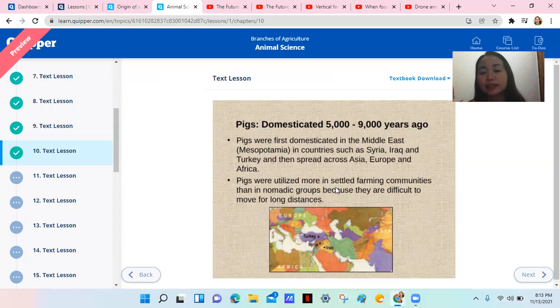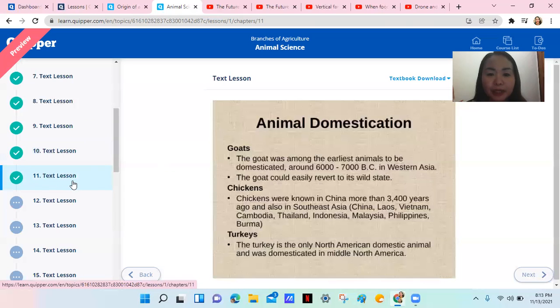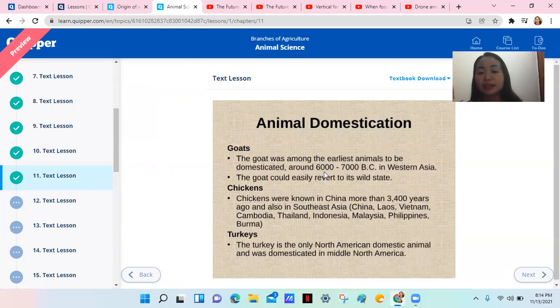So they were utilized more in settled farming communities than in nomadic groups because they are difficult to move for long distances. So goats were among the earliest animals also to be domesticated around 6,000 to 7,000 BC in Western Asia, and this could easily revert to its wild state.